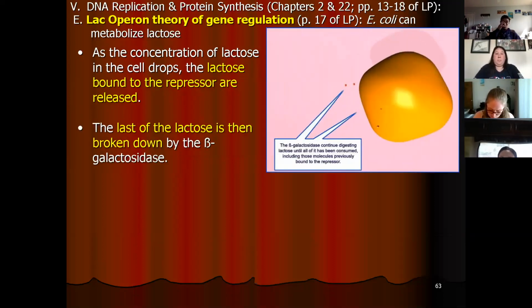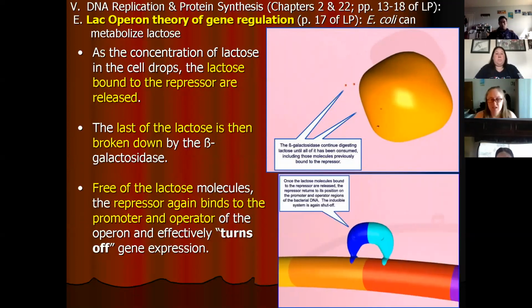Okay? But when the last lactose is digested, now it's going to fall off the repressor protein because they're all gone. So it could digest the last lactose, the last ones that were stuck on the repressor protein.